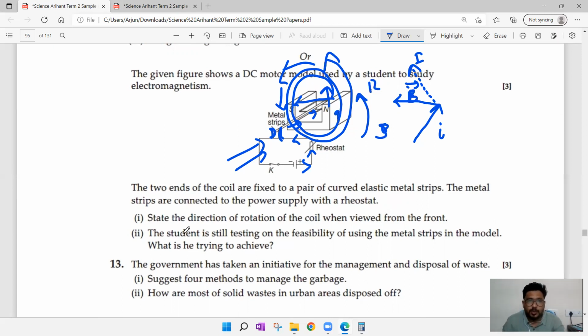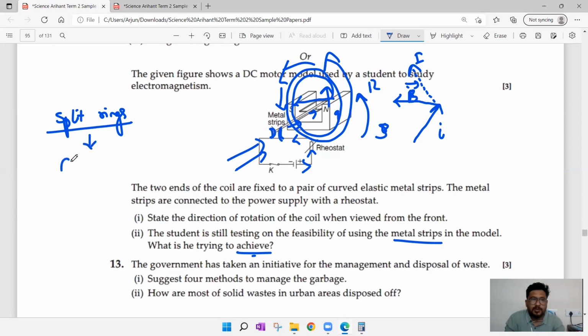Number 2, the student is testing the feasibility of using metallic strips in the model. What is he trying to achieve? What are those metallic strips? They are nothing but split rings. What is the use of split rings?